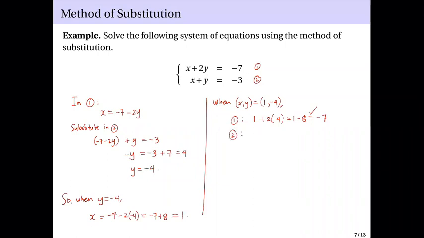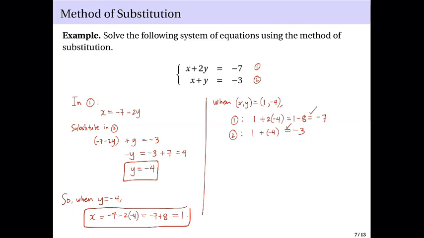In the second equation, we have again 1 plus, you have y equals negative 4. And this is just 1 minus 4. This is equal to minus 3. And again, the second equation here, it's correct. Okay? So we now box this answer here. y equals negative 4 and x equals positive 1.